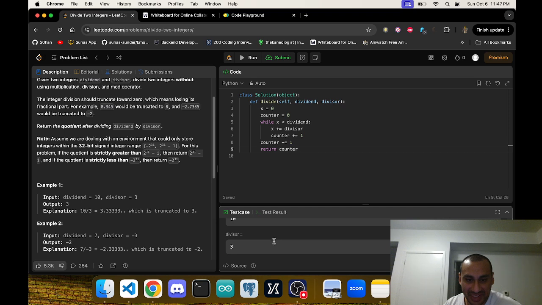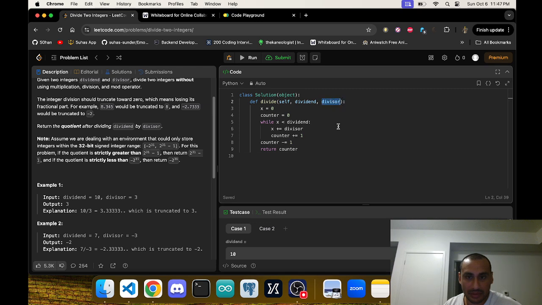Okay, case 1, 10. Divisor. Dividend. Counter x. While x is less than dividend, x plus equals divisor. Just gonna keep adding it.